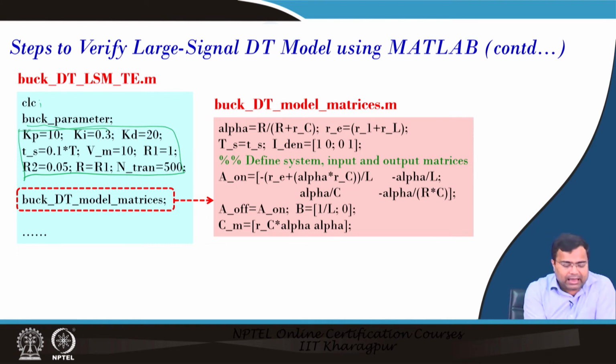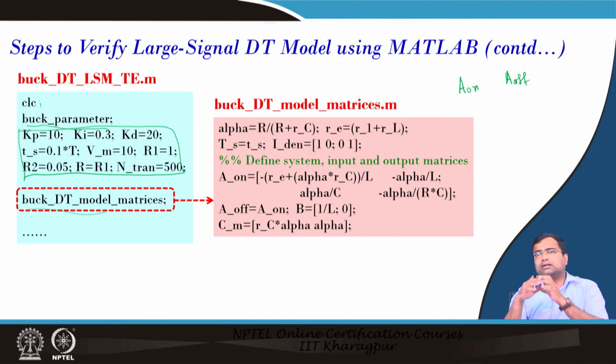Then the next step takes the discrete time model matrices, because any discrete time model needs the on state A matrix and off state. For the synchronous buck converter, if you assume that RDS on for both high side and low side is the same, we are taking these two as equal.